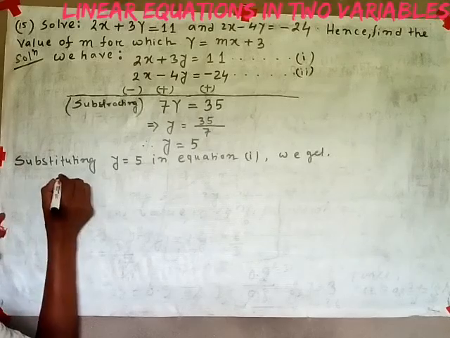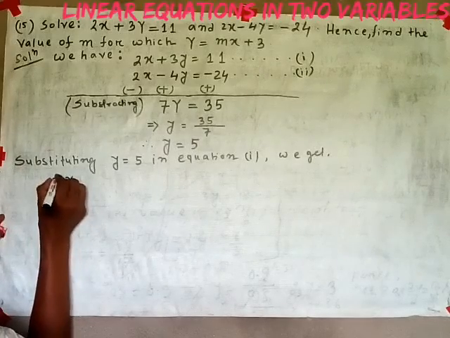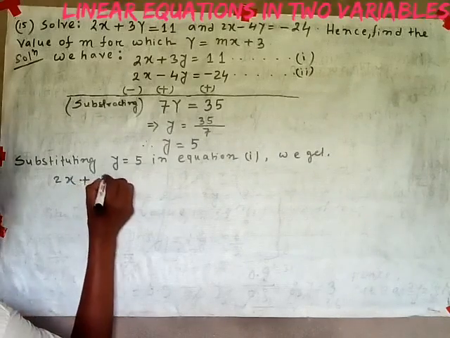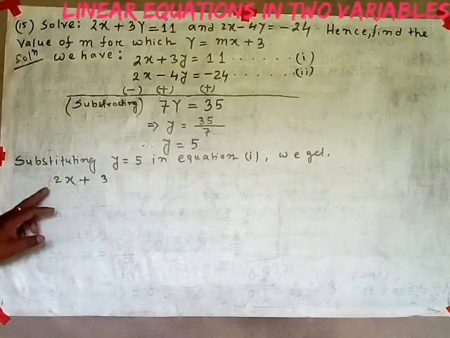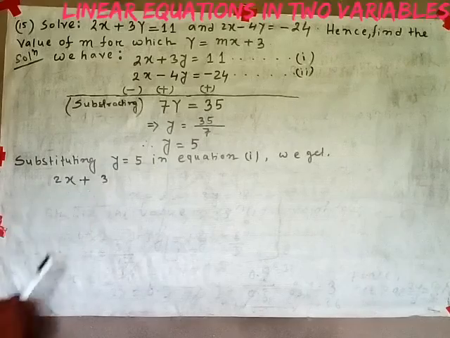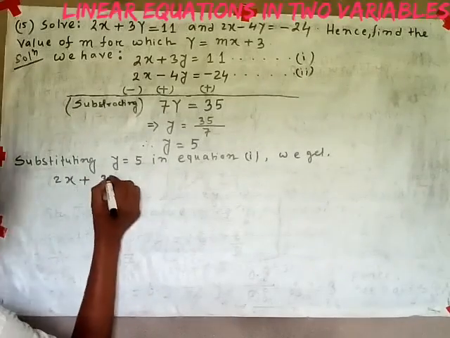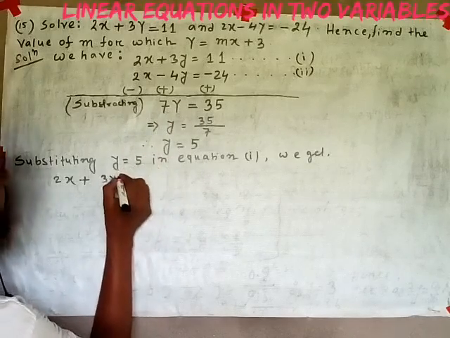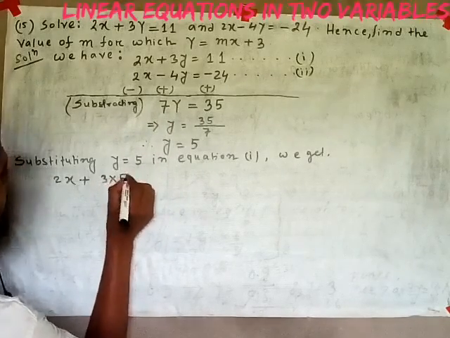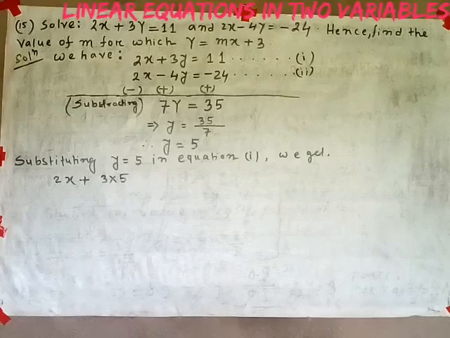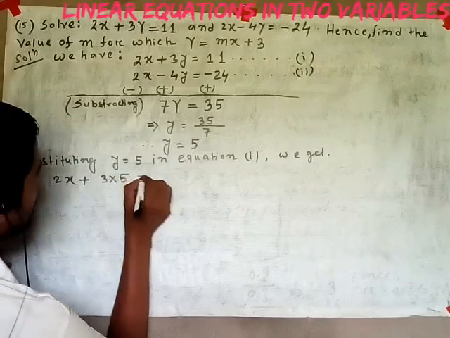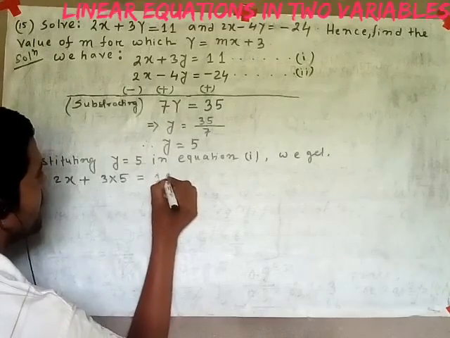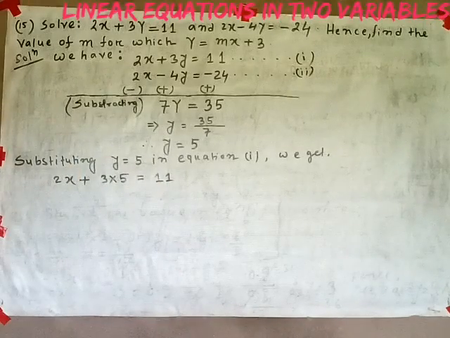So we can write 2x plus 3 into y, where y equal to 5. 2x plus 3y equal to 11.